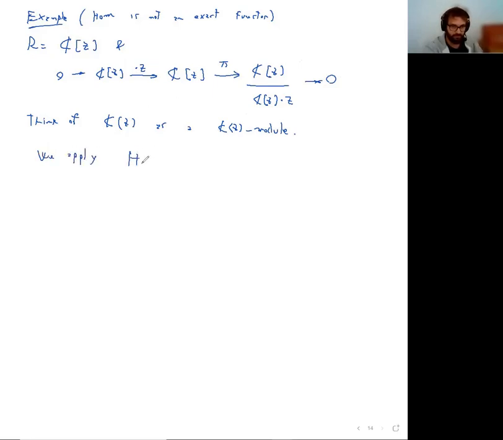What I want to do is apply to this sequence Hom over this ring into this ring. And what do we get? Well, we get 0 goes into Hom of C[Z] modulo C[Z] times Z, into C[Z]. We have to reverse the arrows.